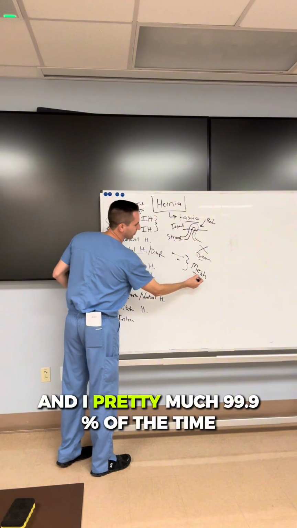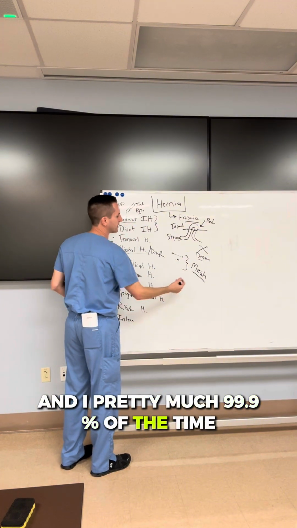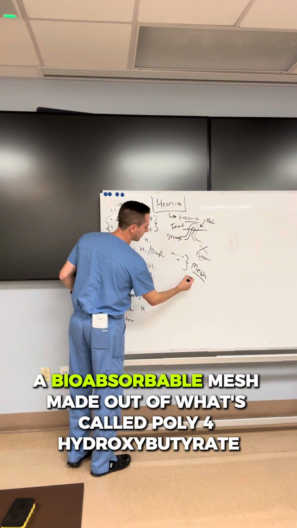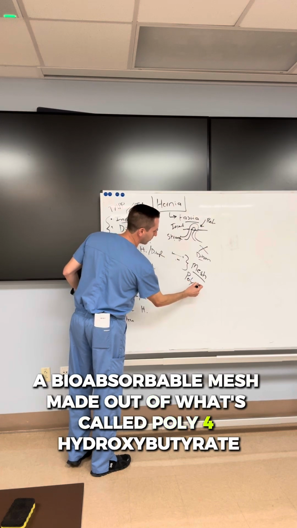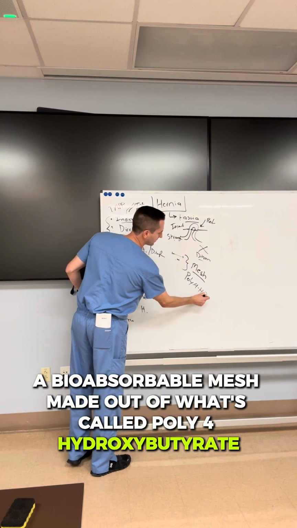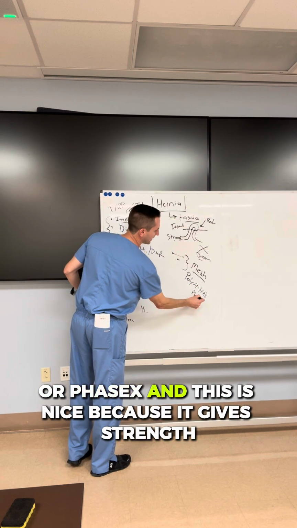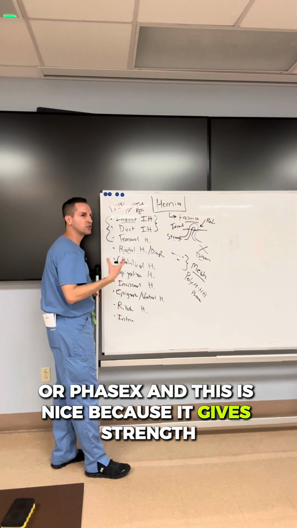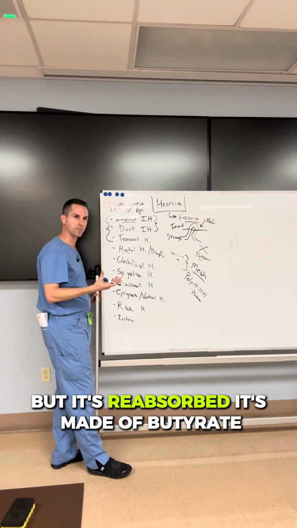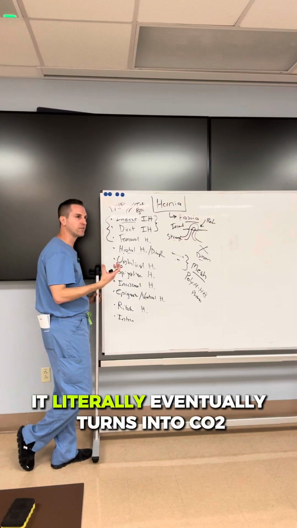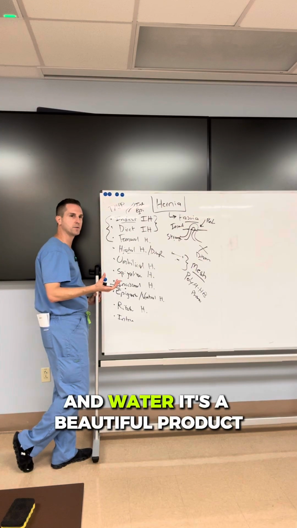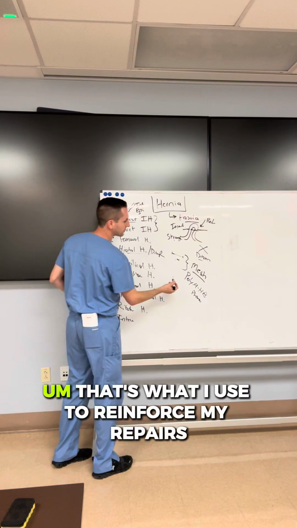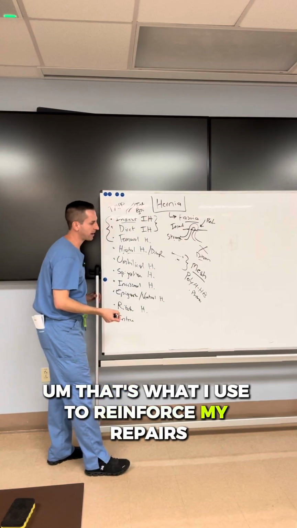And I pretty much 99.9% of the time use now a bioabsorbable mesh made out of what's called poly-4 hydroxybutyrate, or Phasix. And this is nice because it gives strength, but it's reabsorbed. It's made of butyrate. It literally eventually turns into CO2 and water. It's a beautiful product. That's what I use to reinforce my repairs.